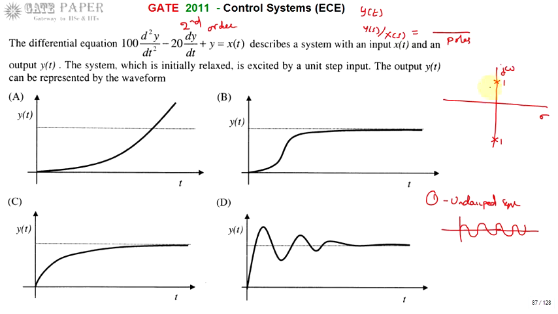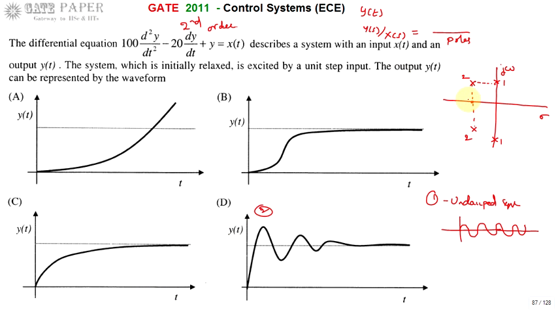In the second case, the poles are on the left hand side and are complex, consisting of a real part as well as an imaginary part. Then the system is called an underdamped system, and the response is of this nature.